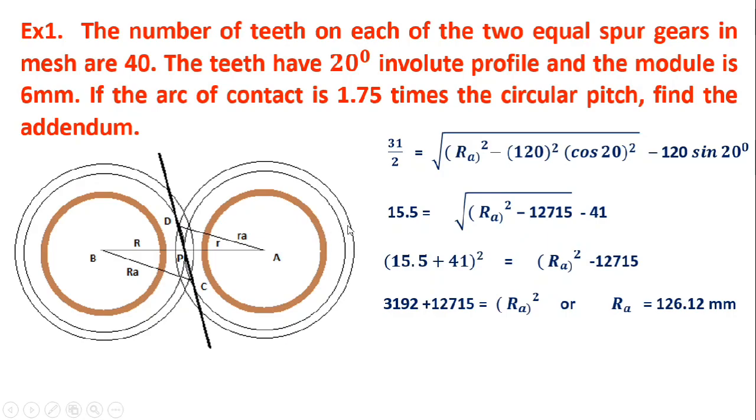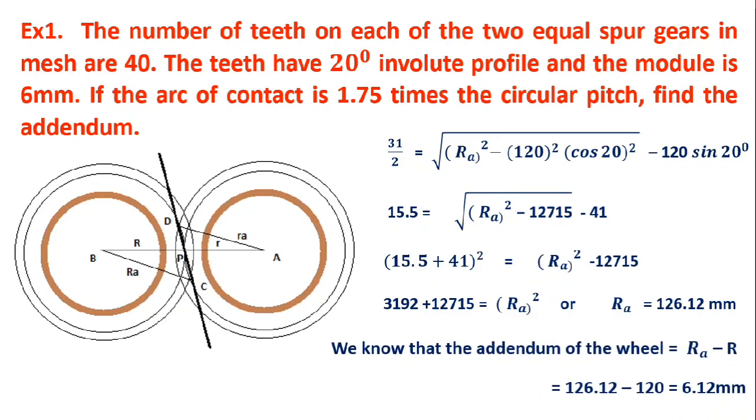That is this distance where you can see my mouse pointer, this is on the pinion, and here my mouse pointer is on the gear. So ultimately that is asked in this problem. So addendum can be determined using capital Ra minus r, which comes to 6.12 mm. So this is what we have found, the addendum.